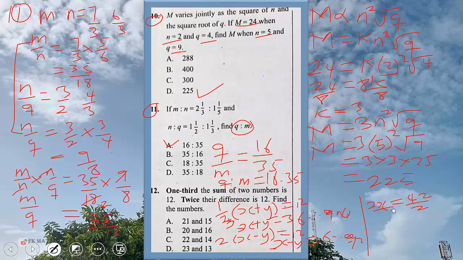Dividing both sides by 2, you get x to be equal to 21. So y will be equal to x minus 6, which is 21 minus 6, which is 15. So we have 21 and 15 as the correct answer.